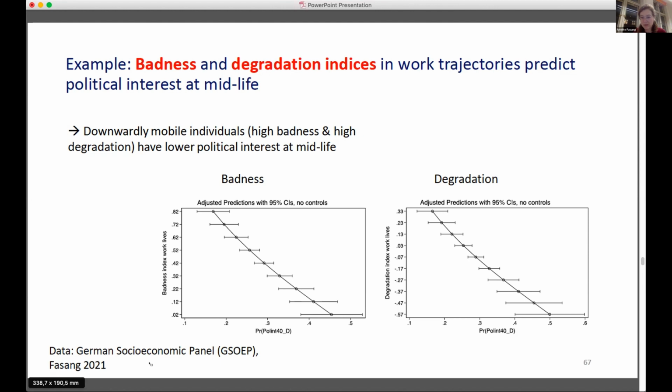Or they can be interesting if you're trying to predict an outcome, to say, does it matter if you were upwardly or downwardly mobile, or what the structure was, how many transitions you had, and in which direction they went. I think this could also be quite interesting for health outcomes, where you could compare controlling for general level or work situation at age 40. And then on top of it, does it matter if things were so volatile in the last 20 years?